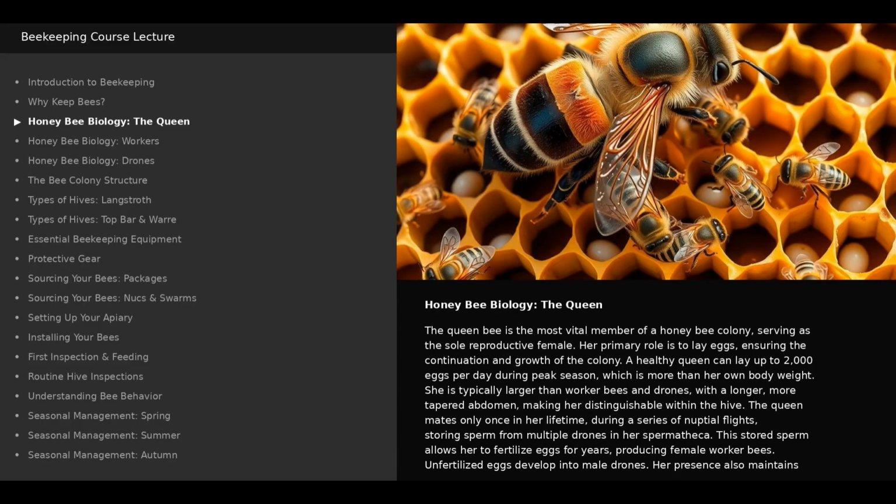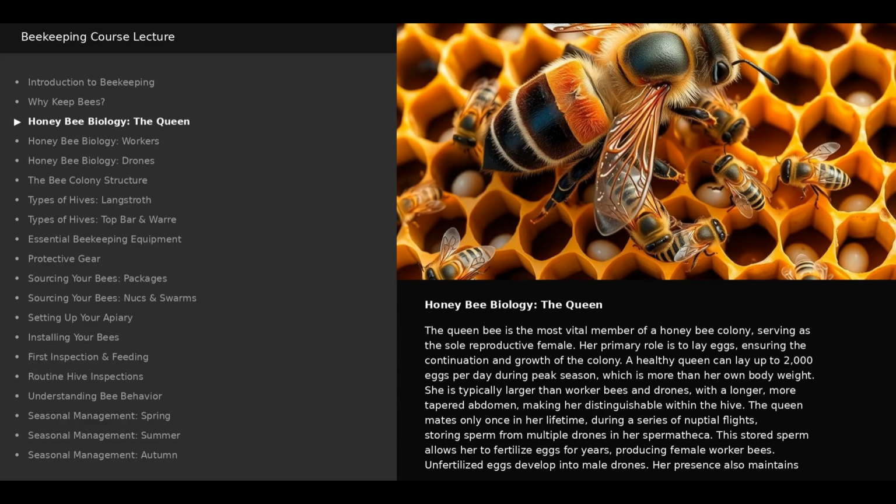Honeybee biology, the queen. The queen bee is the most vital member of a honeybee colony, serving as the sole reproductive female. Her primary role is to lay eggs, ensuring the continuation and growth of the colony. A healthy queen can lay up to 2,000 eggs per day during peak season, which is more than her own body weight.